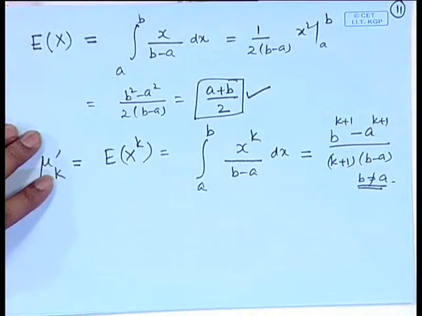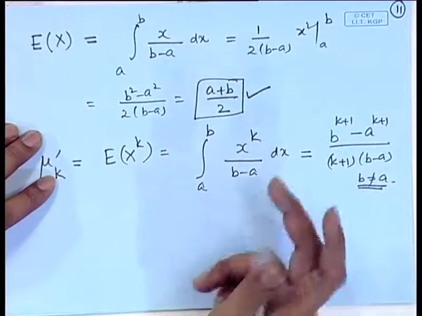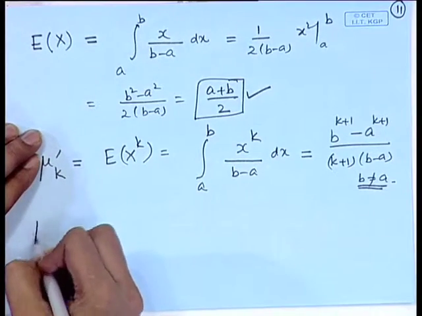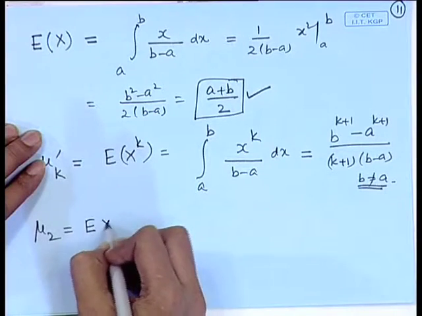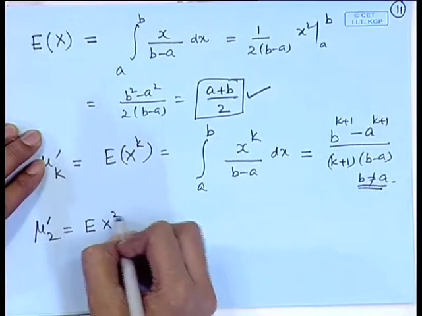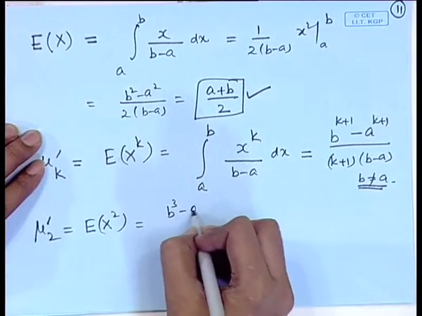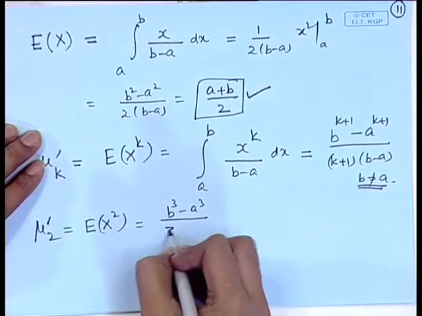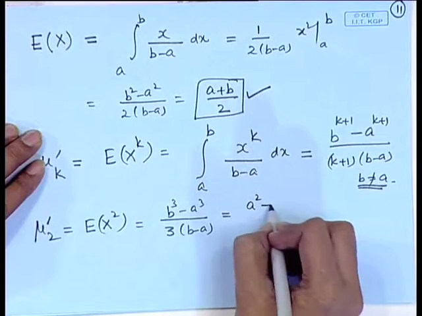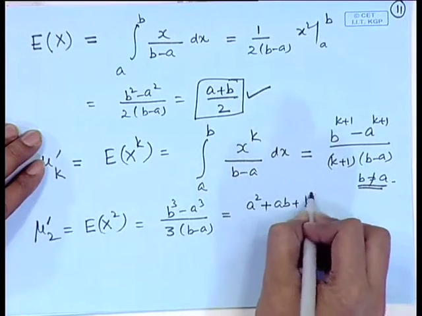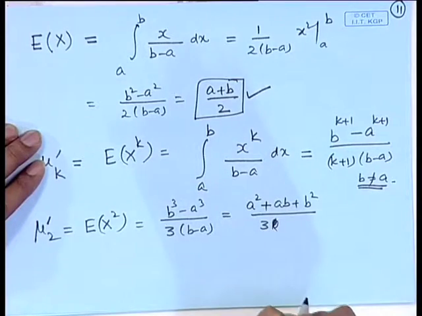If b is equal to a, then it will not be a continuous distribution. So, in particular, mu 2 prime, that is the expectation of x square, will be equal to b cube minus a cube divided by 3 into b minus a, that is a square plus a b plus b square divided by 3.